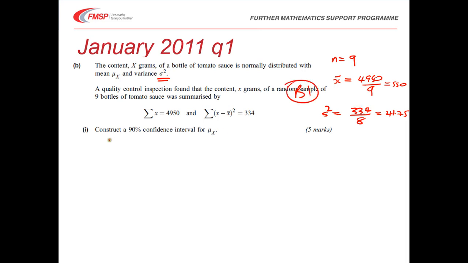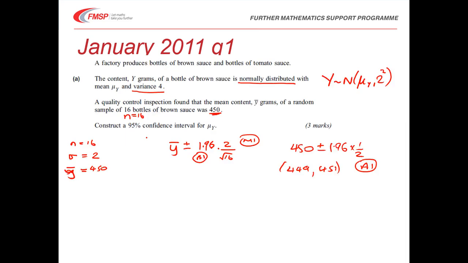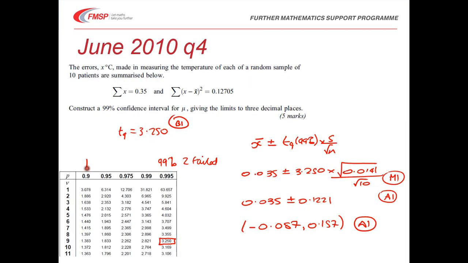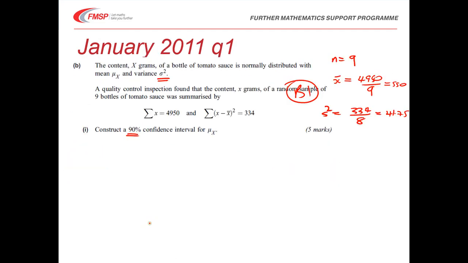It's a 90% confidence interval this time. So let me go back. The 90% confidence interval is either of these two. Remember, it's two-tailed, so it's this one that we're going to pick up on. n minus 1 is 8, so it's going to be 1.860.